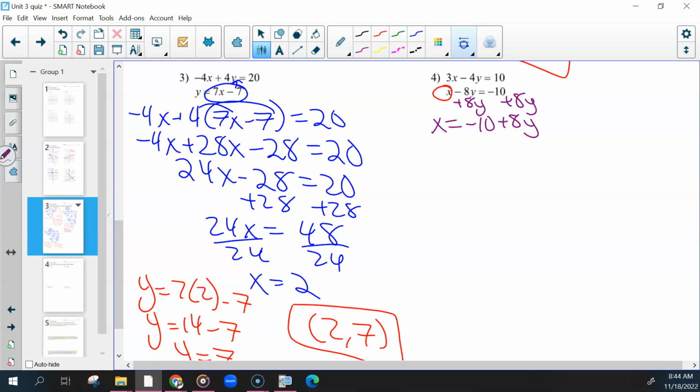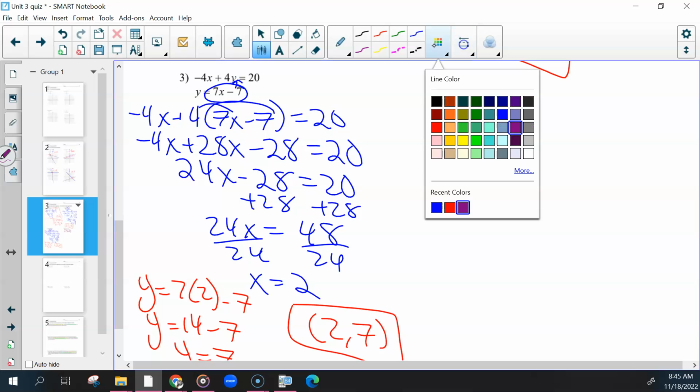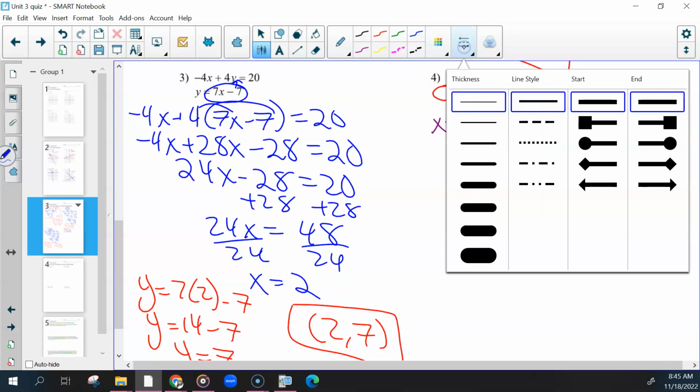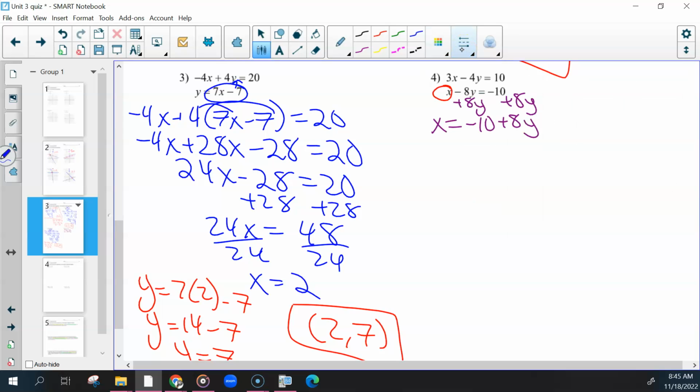If you put it as 8y minus 10, it'd be the same thing. So solving for one of the variables was worth 1 point, and then everything else is the same. So this problem was worth a little bit more. It was worth 5 instead of 4.